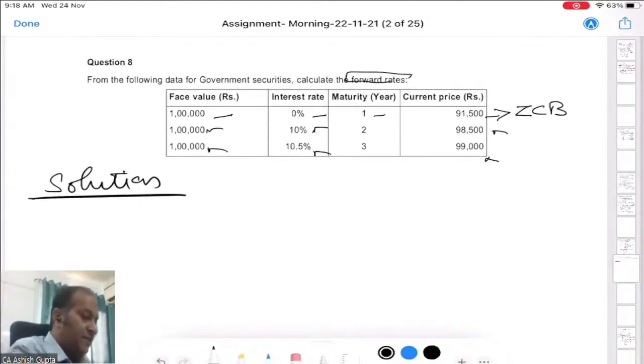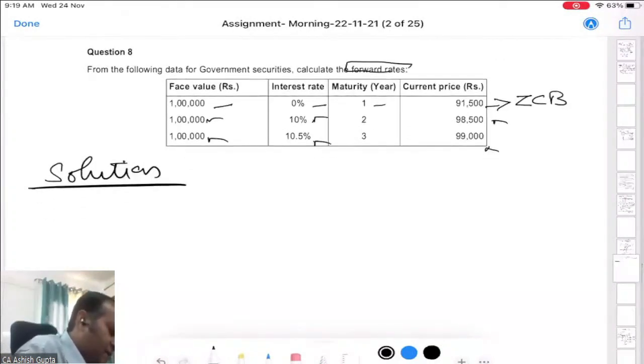So very simple. First, we calculate the forward rate for this year, because here we have not been given any interest, but of course there will be interest.